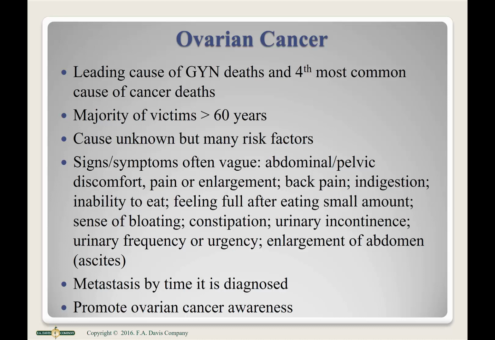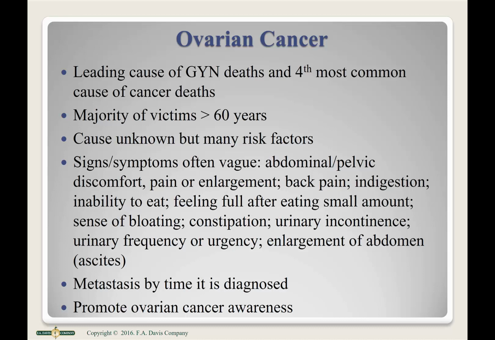And then by the time these very vague or asymptomatic symptoms are discovered, it's already metastasized. So that's why it's one of the big cancer killers. So we've got to promote ovarian cancer awareness, especially the signs and symptoms.